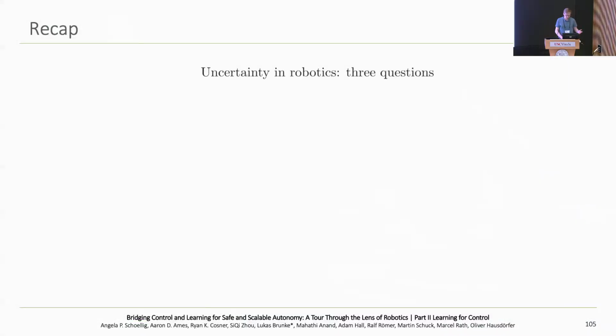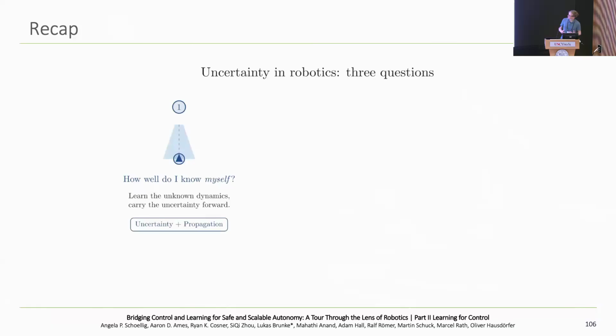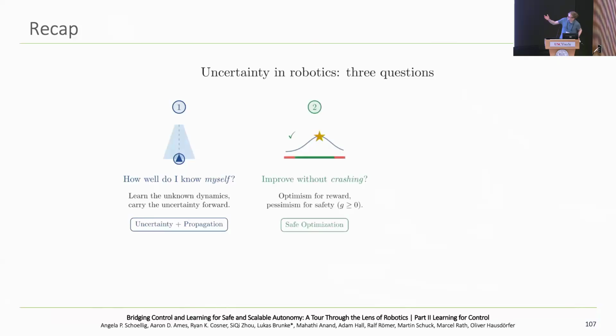Okay, so to recap, I was trying to highlight 3 different questions that we can ask about uncertainty in robotics. The first one really is, how can I learn more about myself, or what do I know about myself? And I guess the answers there were, we use uncertainty modeling and propagating this uncertainty.